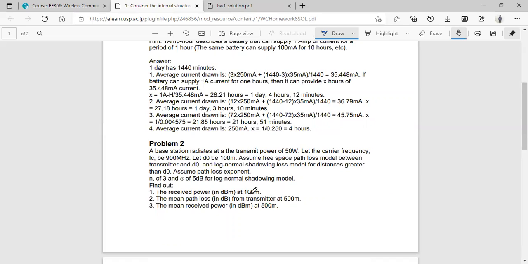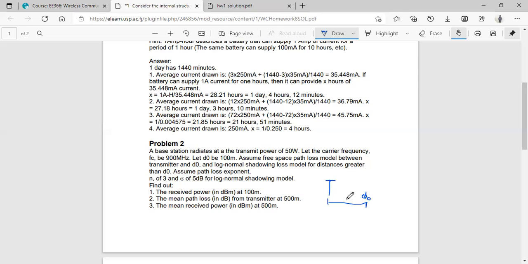So D naught is basically the point 100 meters away from the transmitter station. So assume the free space path loss model between the transmitter and D naught, right? So basically we have the transmitter, let's say I'll just write this as D, and then at 100 meters away we have a point D naught.